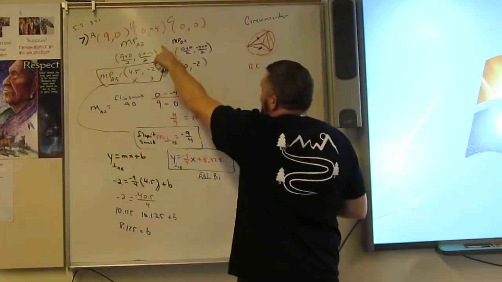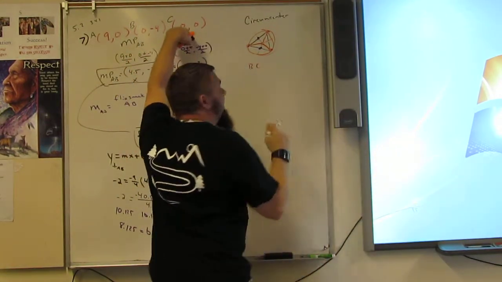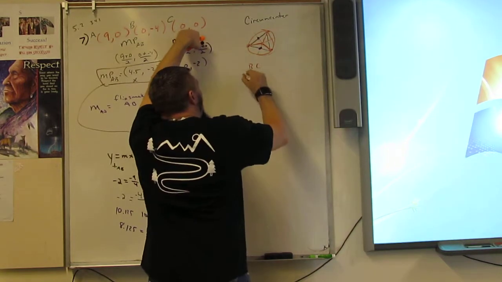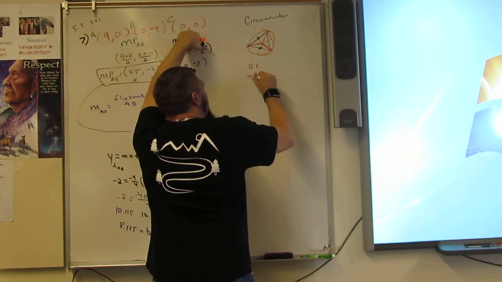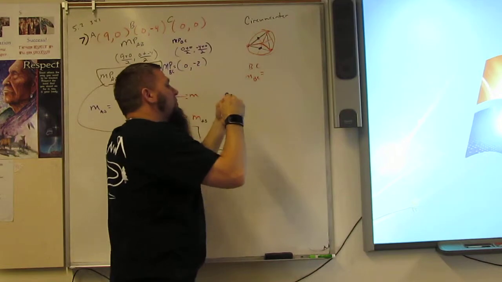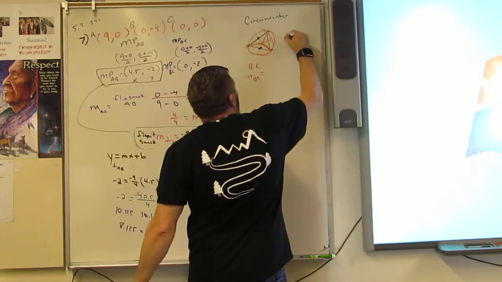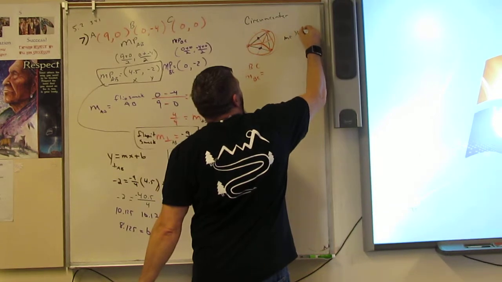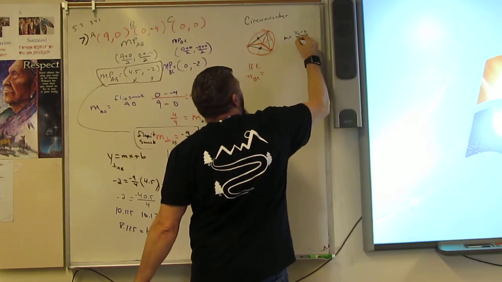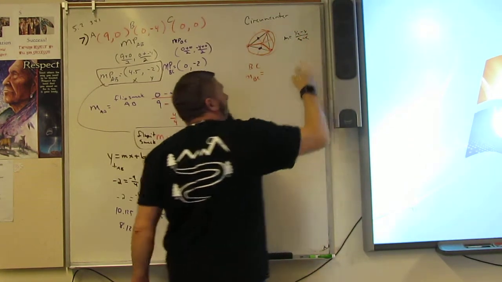Okay? And from BC, I need to find the slope of BC. And that equals to, again, slope is y sub 2 minus y sub 1 over x sub 2 minus x sub 1, right?